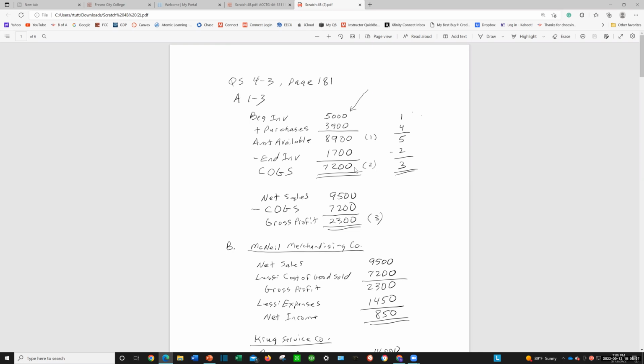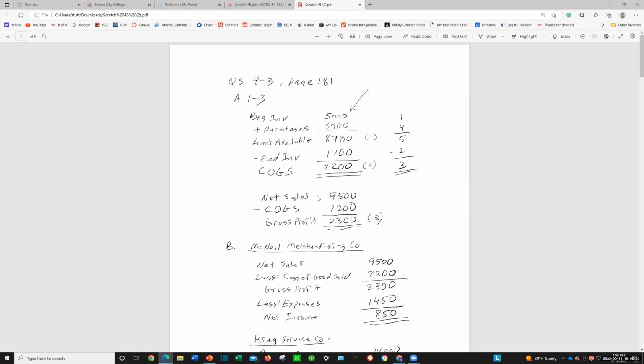That's how it works. And finally, number 3, they ask us for gross profit. Well, what is the formula for gross profit? Net sales minus cost of goods sold equals gross profit. Okay, so we look at our numbers and net sales is 9,500, right?